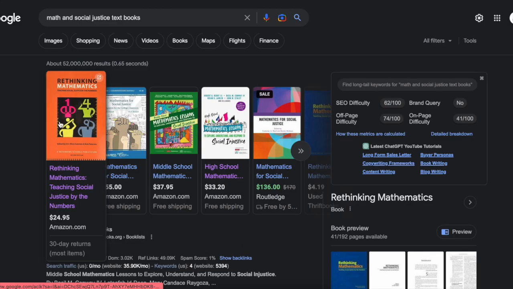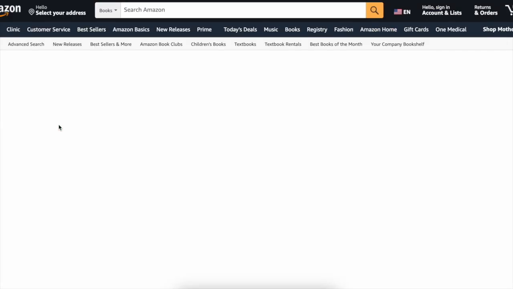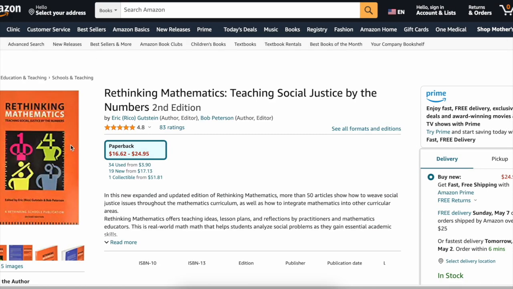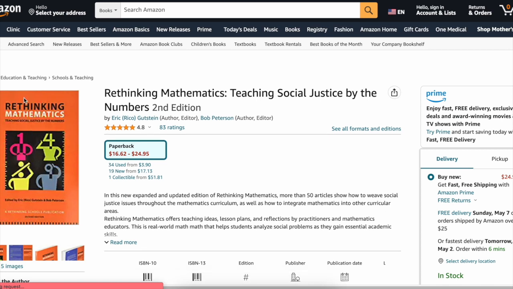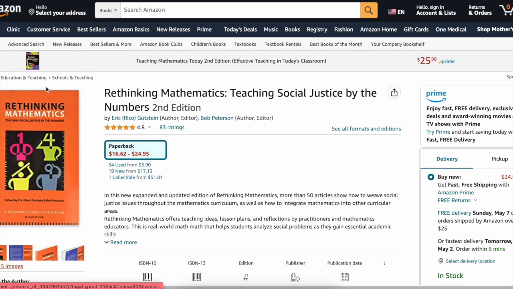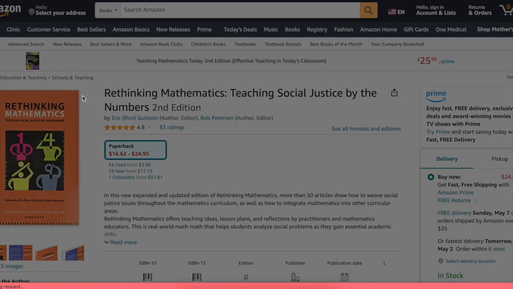Let's say that we click into, so I always suggest Rethinking Schools. They have a textbook. Let's say we go in here, and this book actually does not have a table of contents that is accessible in Amazon. If I click in, there are only 5 images, and there's not that look inside preview thing, so you can't scroll through.